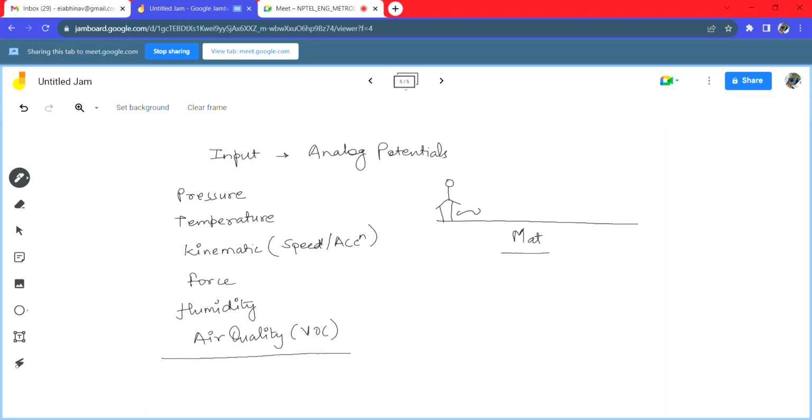Now, every time he takes a step, he exerts some amount of pressure on the ground.